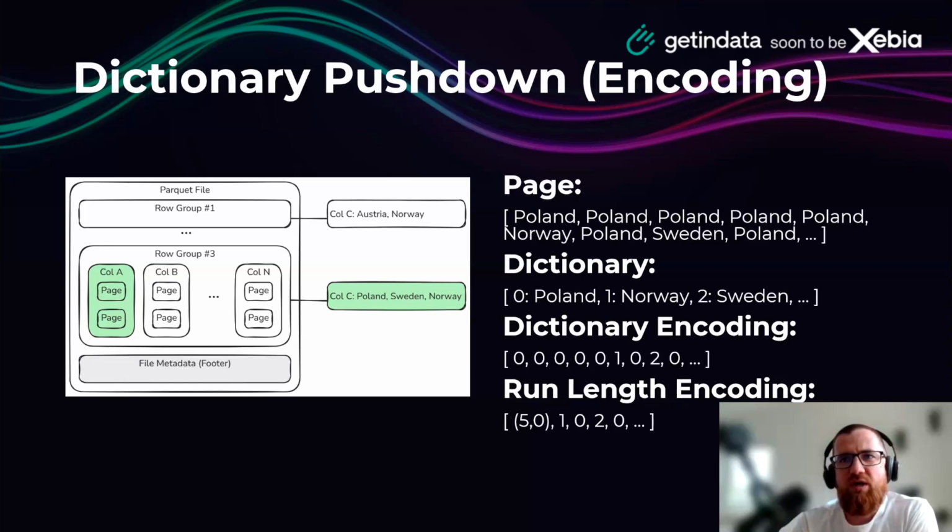And reducing the storage size is the first benefit, but the second one is that during the query, we can look at the dictionary page and see all the unique values that we can find in the row group. So if you add a query with a where clause that requires only rows with Poland as the country, by using the dictionary, you can already know that row group one will be skipped.